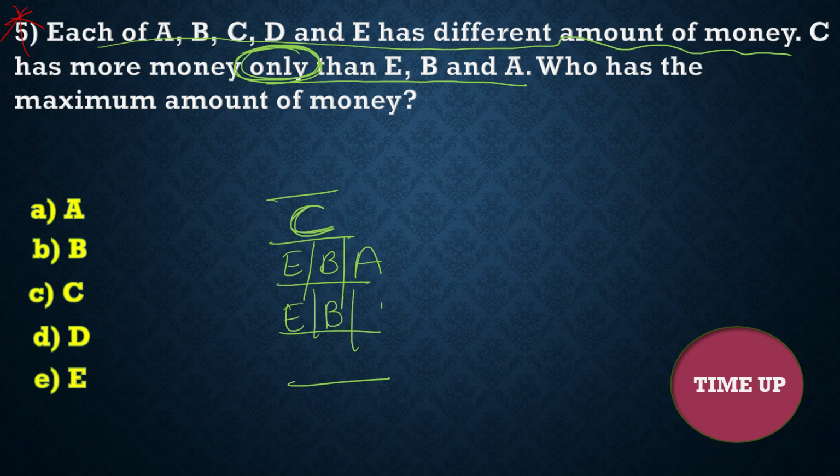Similarly, you have to place all these. But C will come here because they have said that C has more money than only E, B and A.